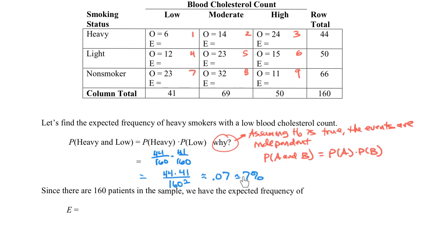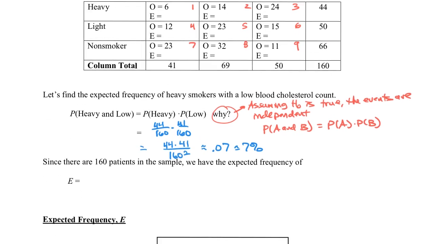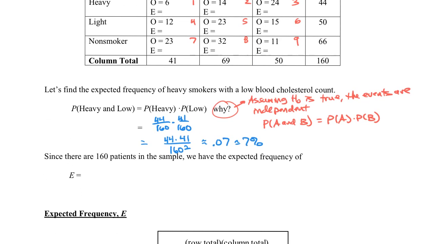So we want to basically figure out 7% of 160, right? But instead of just multiplying 0.07 times 160, I'm going to do it a long way so we can see an actual shortcut. I'm going to use this kind of messy thing up here.